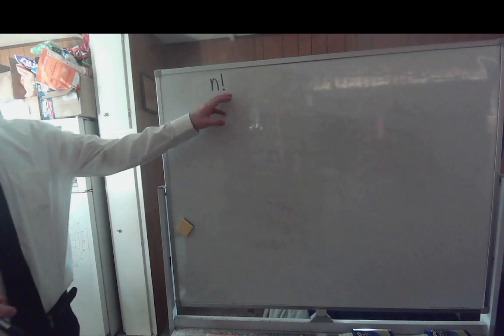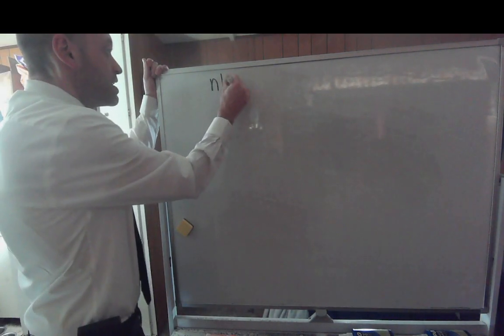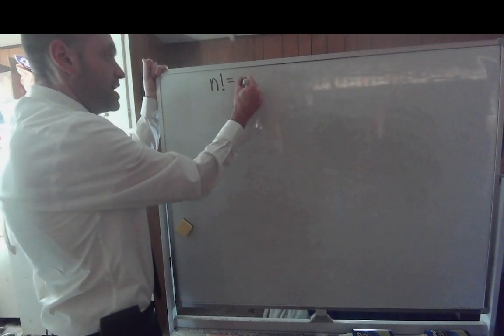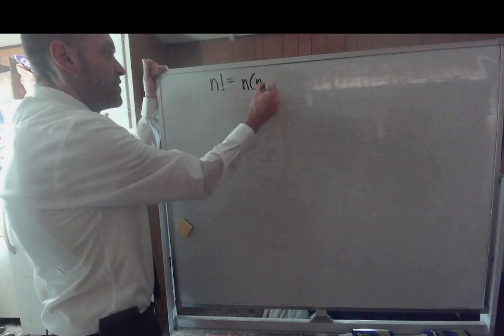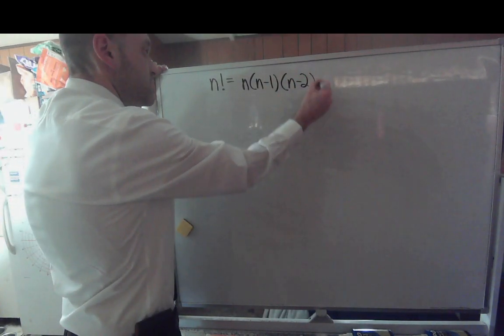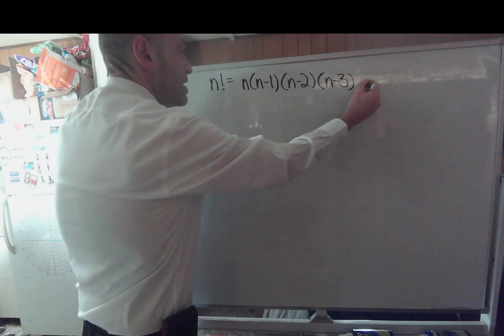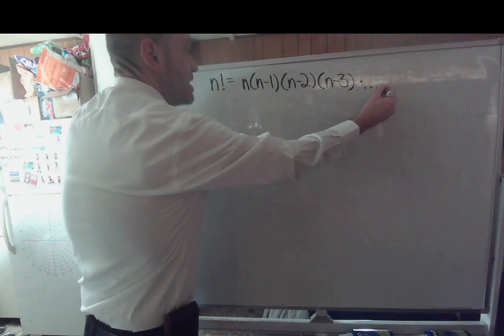That's simply an exclamation mark called a factorial. What that does is it takes n times the quantity of n minus 1 times the quantity of n minus 2 times the quantity of n minus 3 times dot dot dot to infinity.